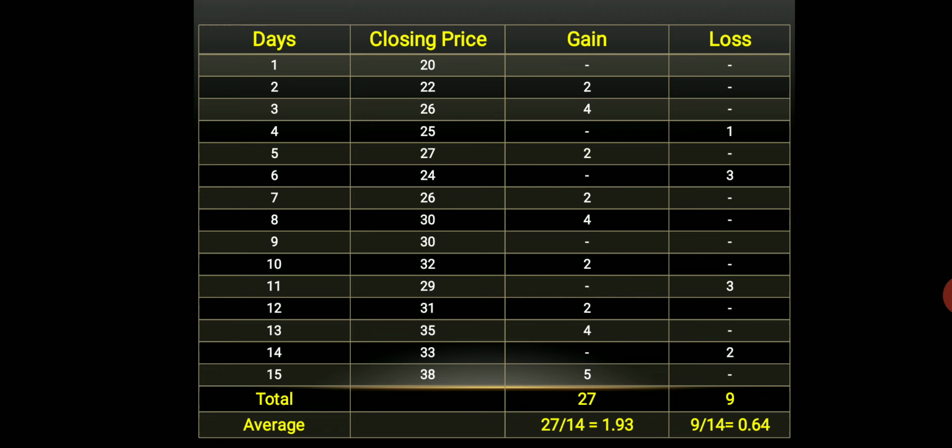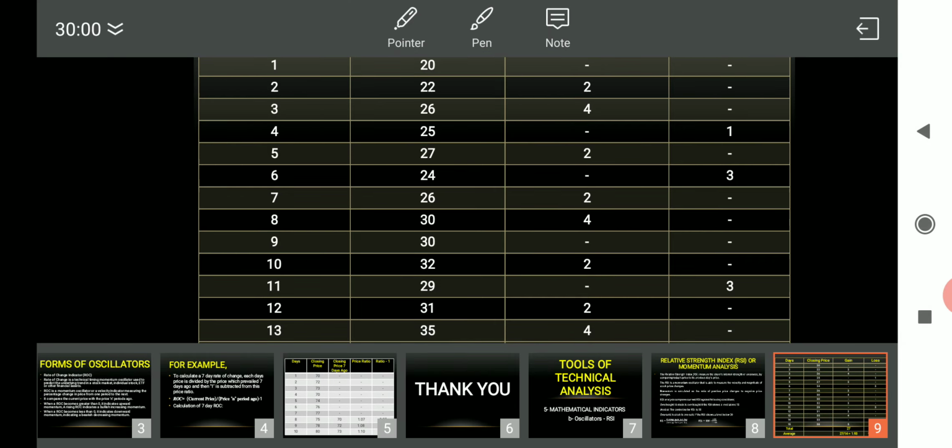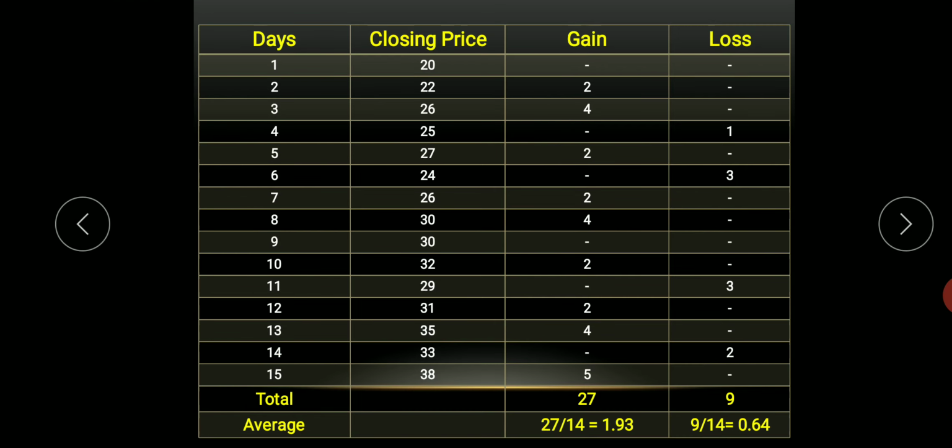In the first day, you cannot measure the gain or loss, because you do not have a previous day to compare with. In the second day, the price of the security was 20 and it increased to 22.